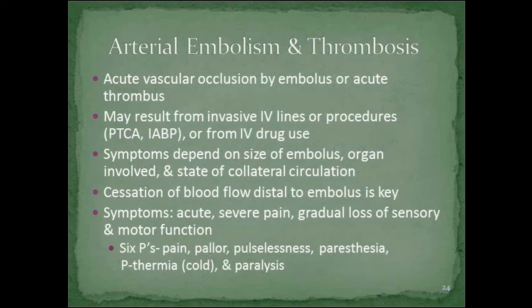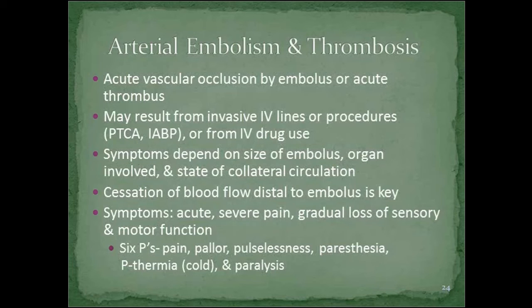But if they don't have good ulnar artery circulation, then integrity of the hand can be compromised. So you really have to do a lot of good assessment there. The key thing to assess for is loss of blood flow, loss of circulation distal to wherever the embolus is. So assessment is vital in this situation.